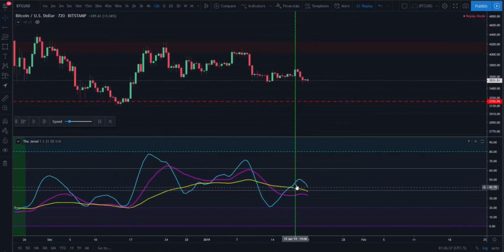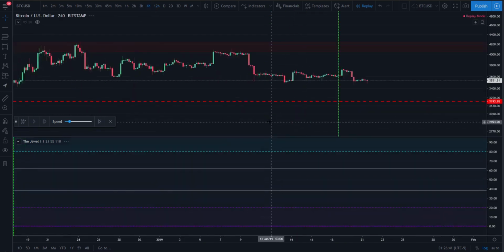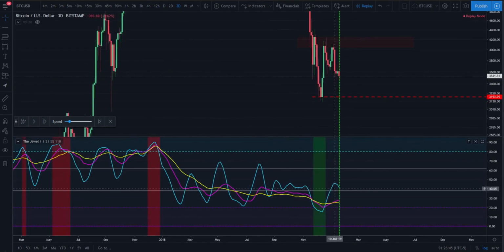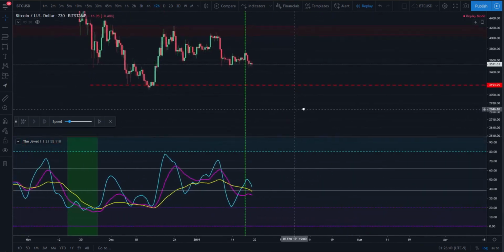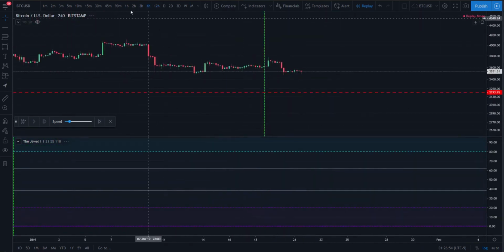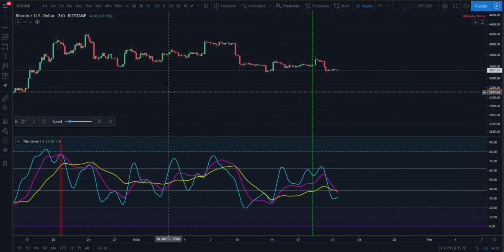Also on the 12-hour, nothing. So here is the idea, right? You are not going to get the 3-day signal until the lower time frames actually start playing their signal. If you don't get the swing that you want to see on the lower time frame, it's never going to happen on the higher time frame, right?